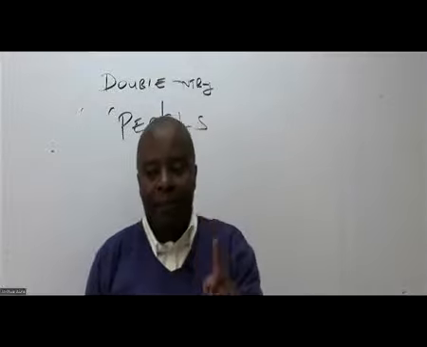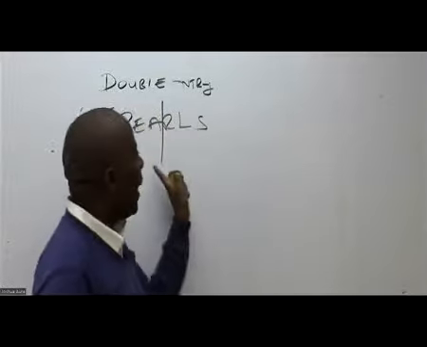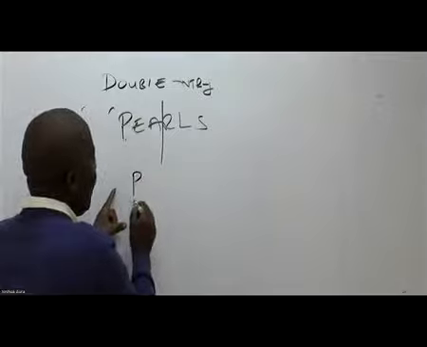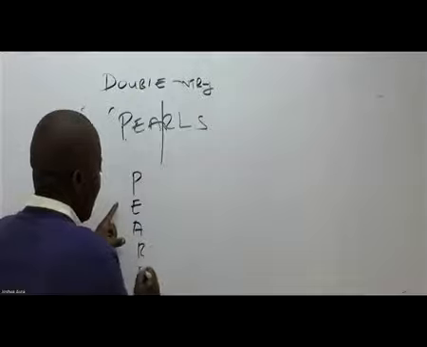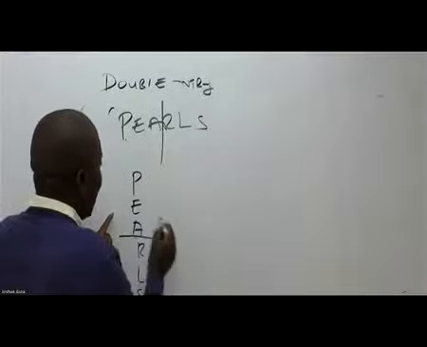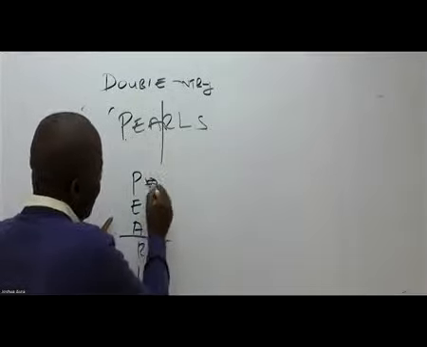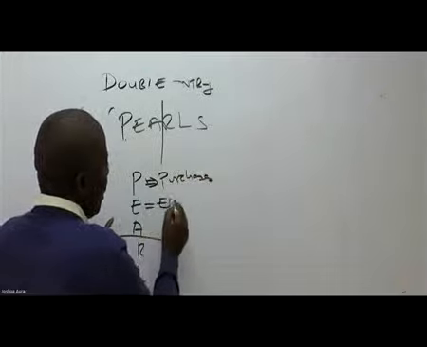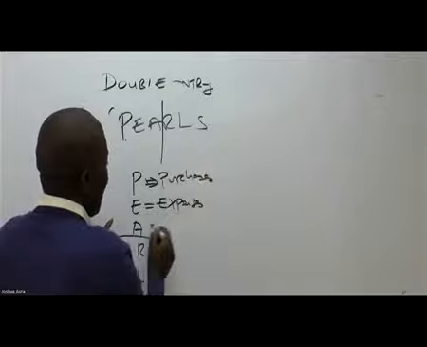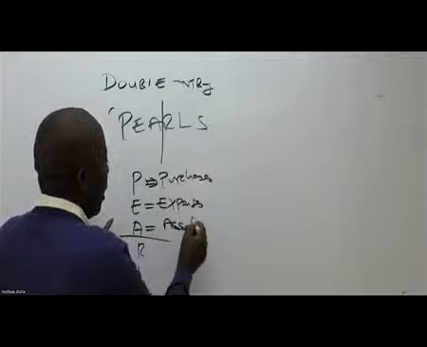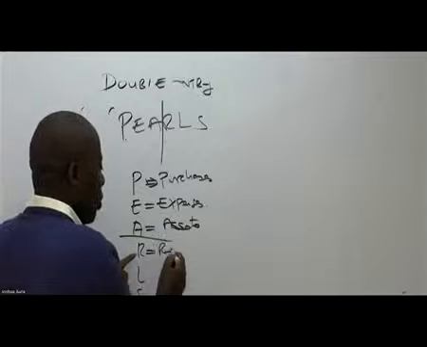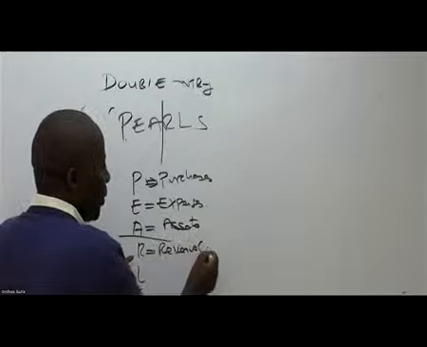You must always remember the pairs. This P stands for purchases, this E stands for expenses, this A stands for assets, and then we have R, which stands for revenue, that is sales revenue.